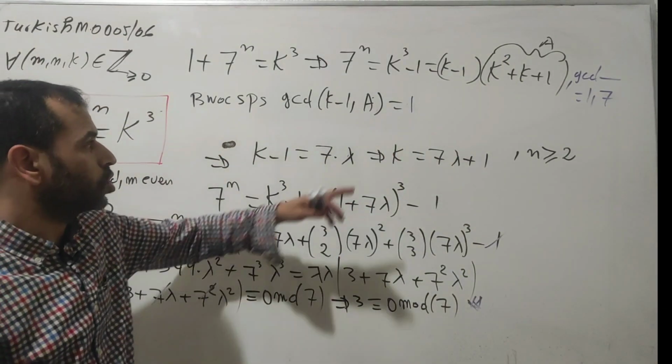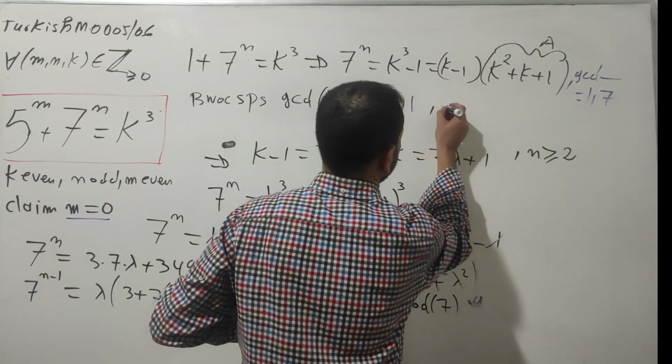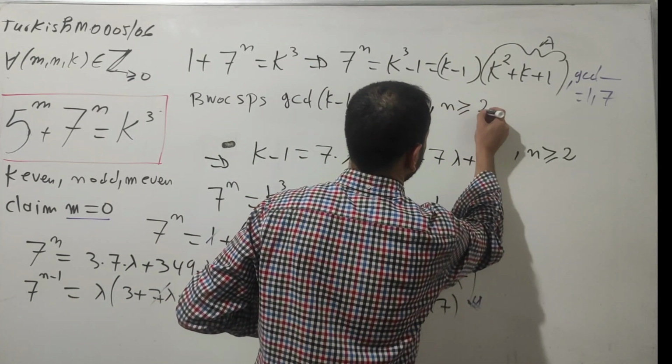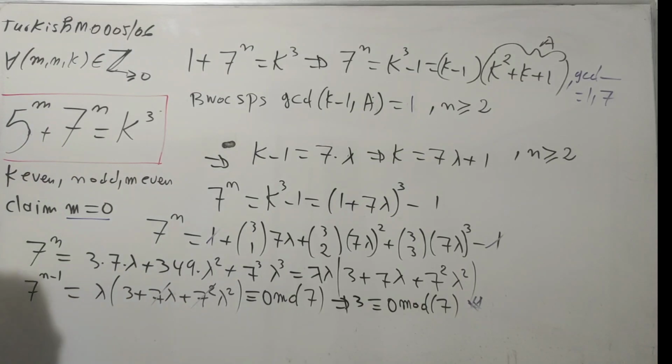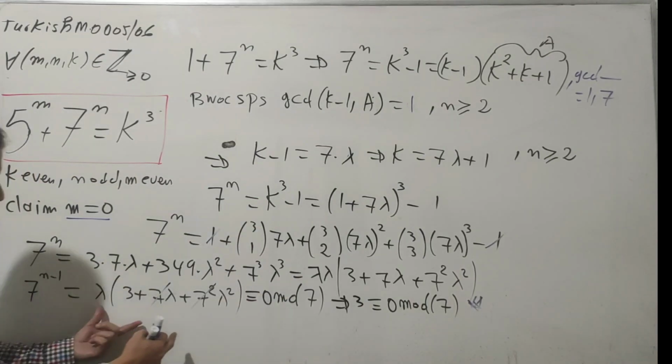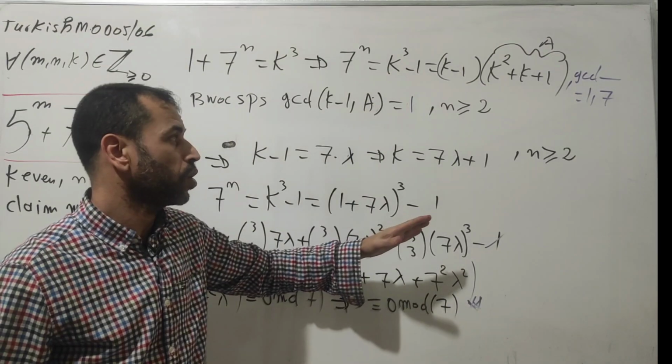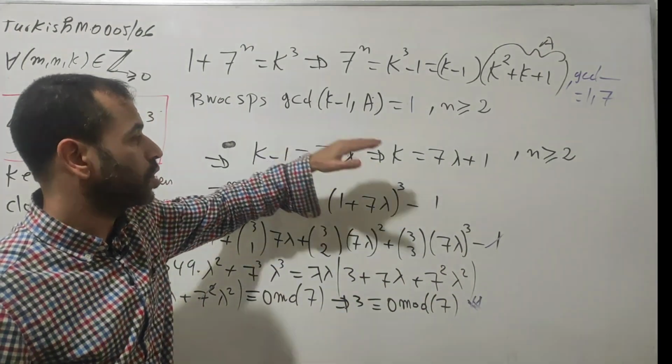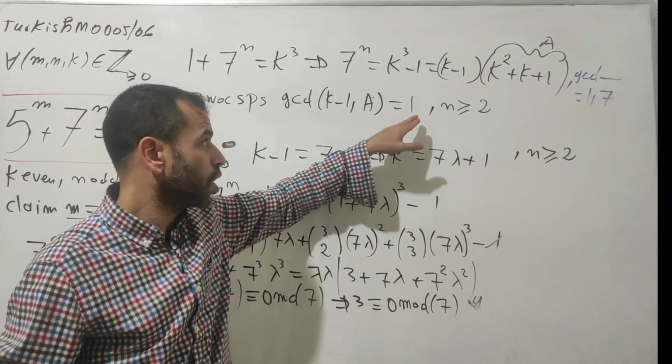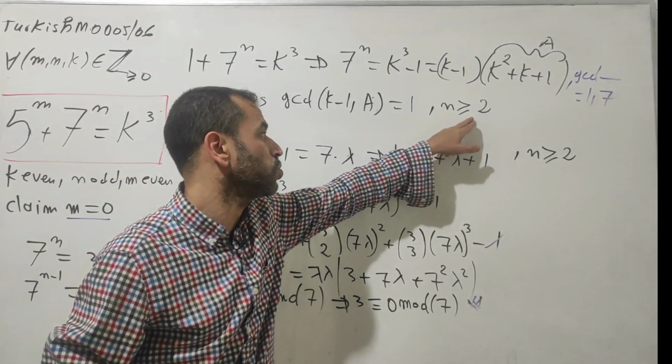But remember, GCD equals 1 when we have n greater than or equal to 2. If n equals 1, as I said before, you wouldn't have 7 here, so we cannot apply this theorem. So now we have GCD equals 1 if n is greater than or equal to 2.